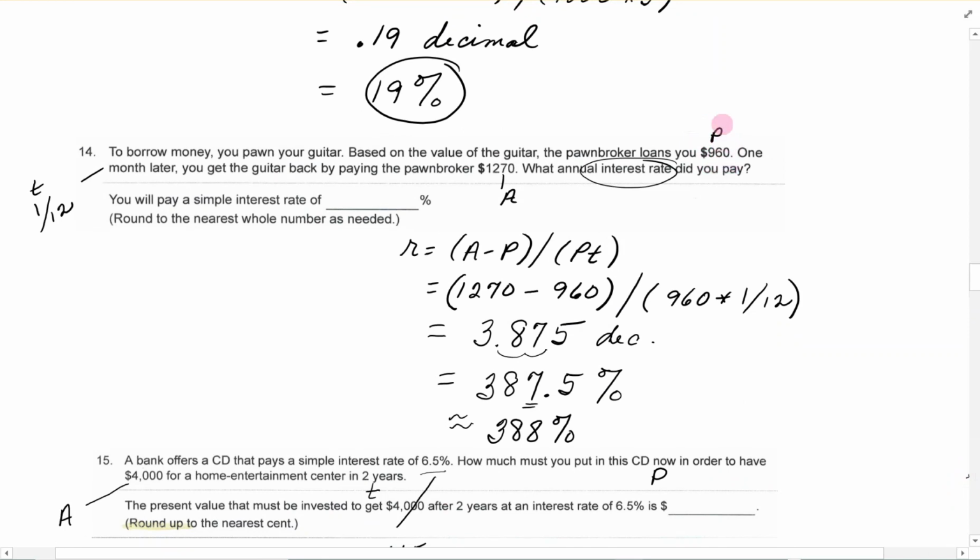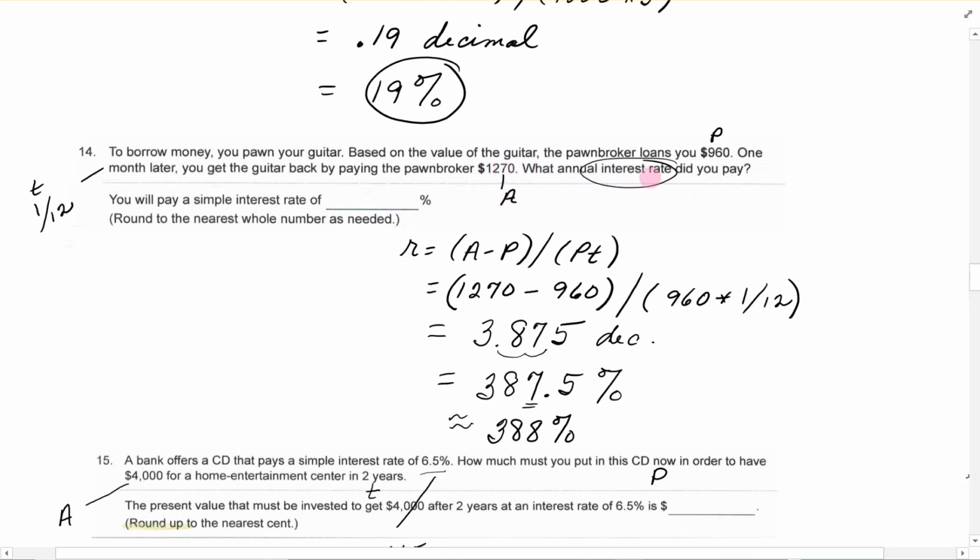That's the amount of the loan. That's the present value. That's the principal. 1 month later, that is time. It is 1/12 of a year. You get the guitar back by paying the pawnbroker $1,270. That's the future value, or the A.